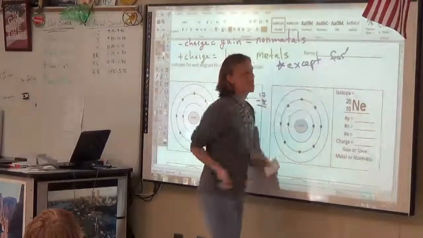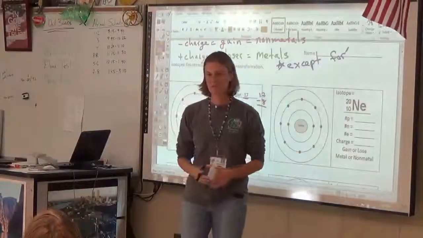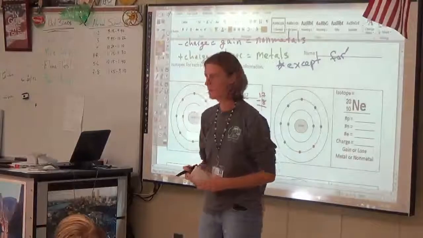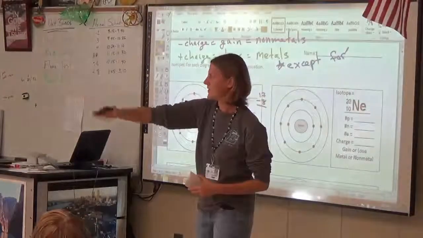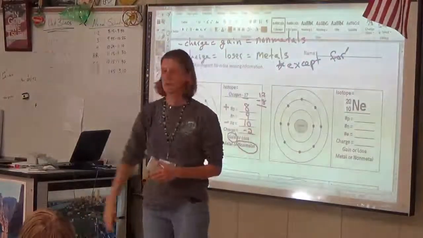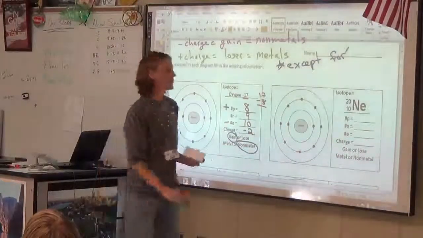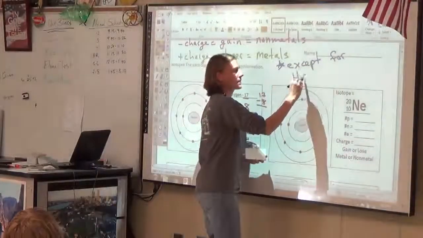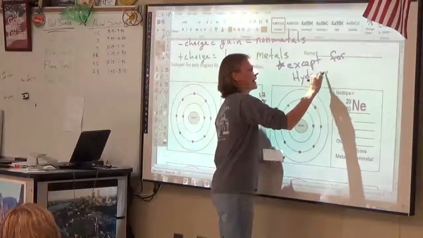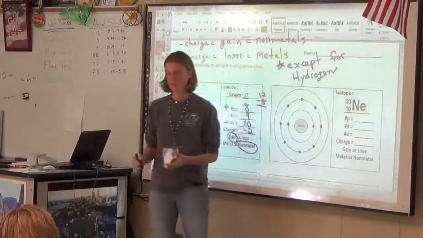Do you remember which side of the periodic table we said was pretty much the metals side, left or right? The left. All right, looking at the left, what's our one over there that looks a little different? Hydrogen. Hydrogen is a loser.